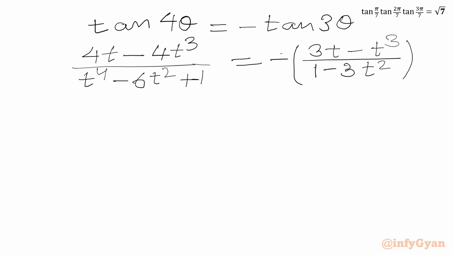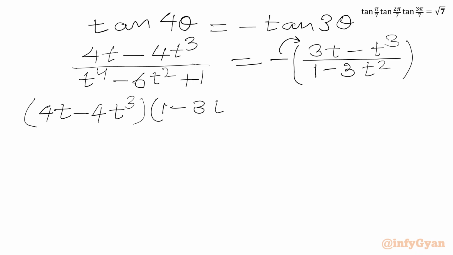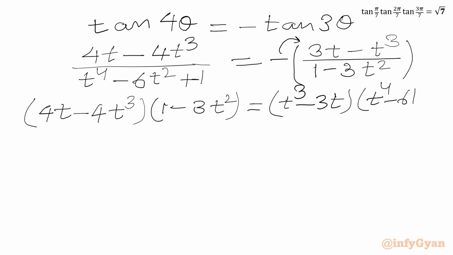Now we will multiply this minus sign into this bracket and then we will cross multiply. So let me write here 4t minus 4t cube times 1 minus 3t square equal to t cube minus 3t times t power 4 minus 6t square plus 1.